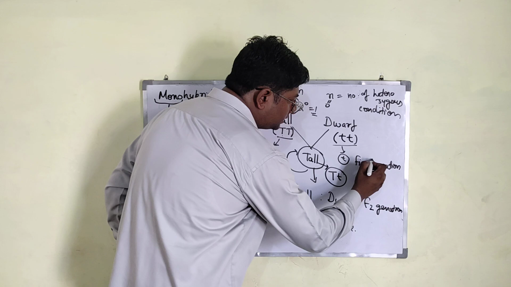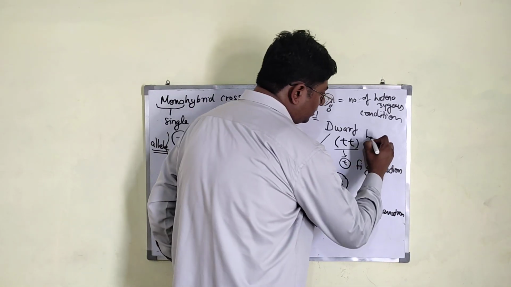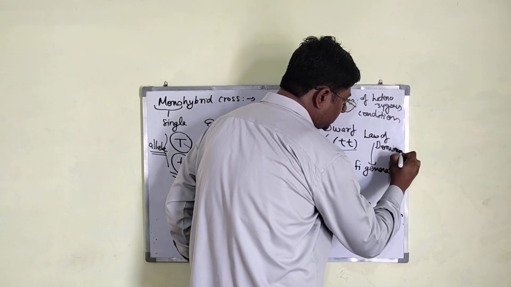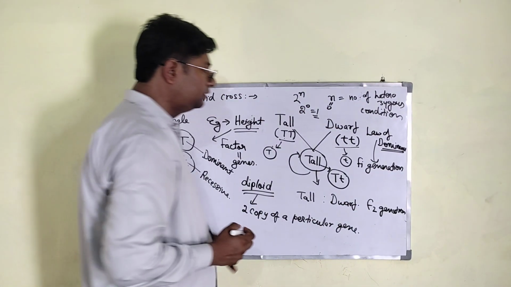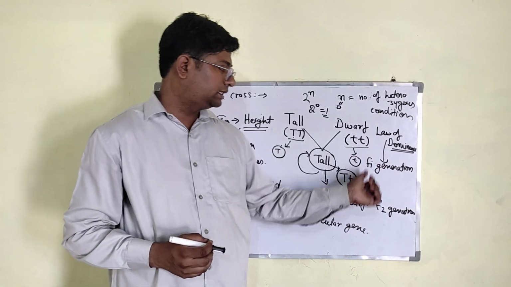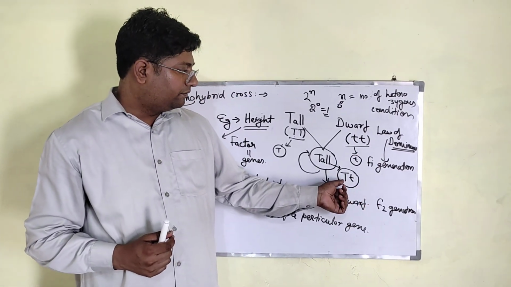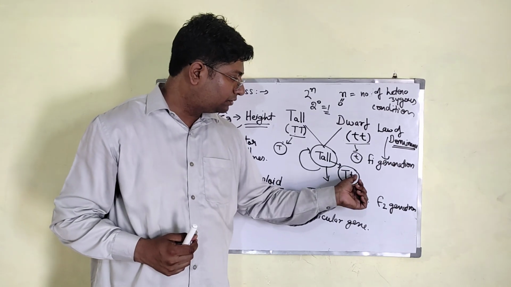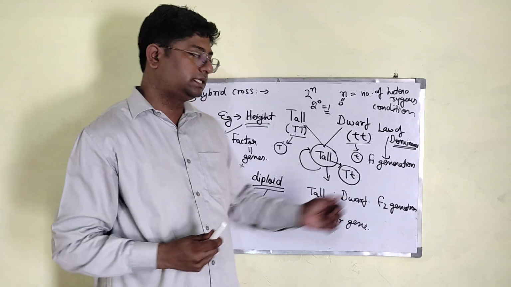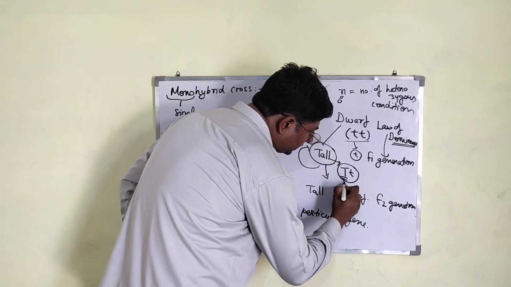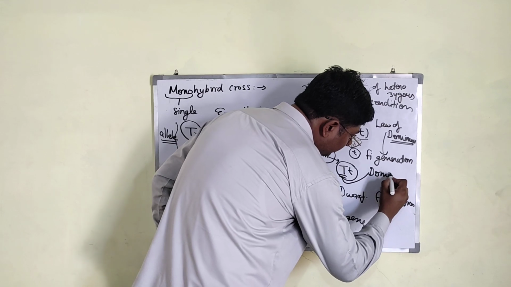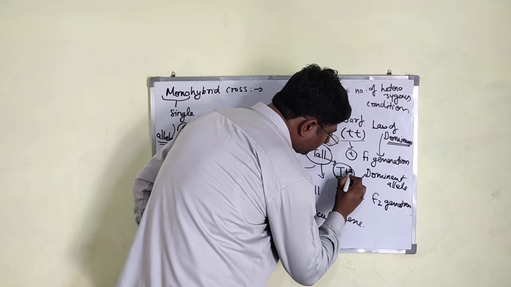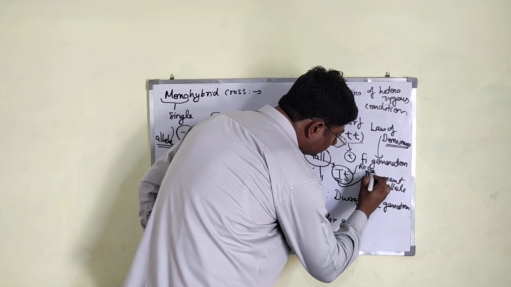So from the F1 generation, Mendel drew the law of dominance. The law of dominance represents that in the F1 generation, the allele which is able to express itself is called the dominant one, and the allele which is not able to express itself is called the recessive one. So capital T represents the dominant allele, and small t represents the recessive allele.